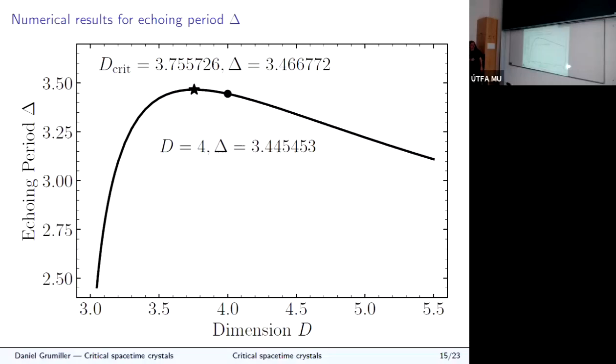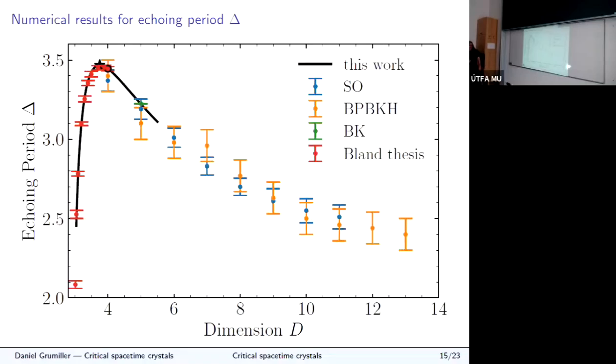I'm not sure if this is anything profound, or most likely it's just a random number. But it suggests that if you zoom out a bit, the behavior of delta for large dimensions is likely to be that it goes to 0 from above. And also when you approach 3 from above, it's suggestive that delta also goes to 0 from above. And this may explain why these 2 limits, D going to infinity and D going to 3 from above, simplify the equations of motion.